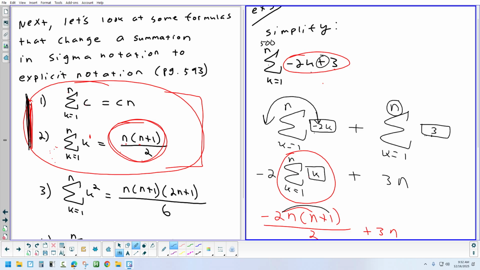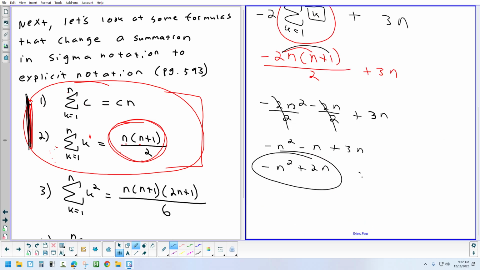Well, instead of plugging in every number from 1 to 500, one at a time for k, and then adding them all up, all you have to do is plug in 500 for n right there. So do 500 squared, make it negative, and then add 2 times 500, add 1,000. And it'll automatically add up all the numbers for you without doing them one at a time. That's what that formula is.